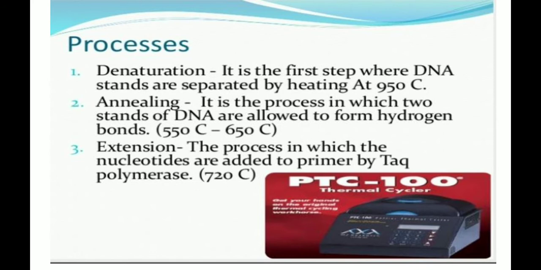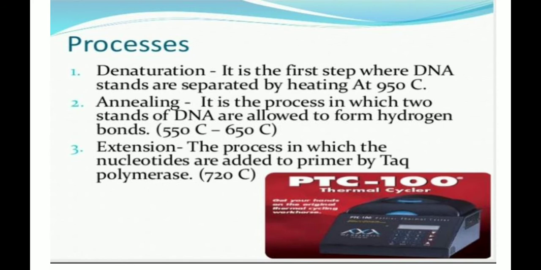This is at 72 degrees Celsius, an ideal temperature for the polymerase enzyme, and only then is that enzyme useful to add nucleotides onto the primer. The primers are extended by joining bases complementary to the DNA strands. So these are the basic or major steps of the PCR technique.